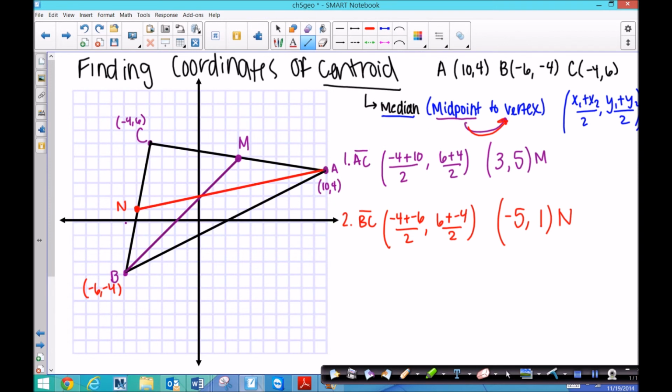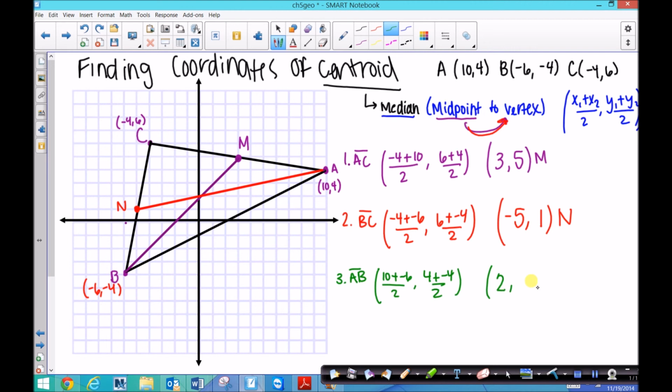And we can see that an intersection has already happened. But just to make sure that we've done everything correct, we'll go ahead and do the same process with the third side. So we haven't yet done the segment AB. So we'll find the midpoint of this by doing 10 plus -6/2 and 4 plus -4/2. So our midpoint for this will be 4/2, which is 2, and 0/2, which is 0. And we can call this point P. So we go to the point 2, 0, label it P, and connect it to the vertex it's not yet touching.